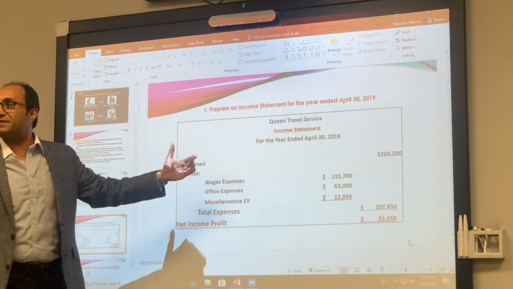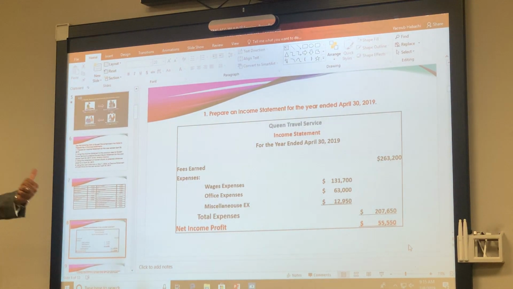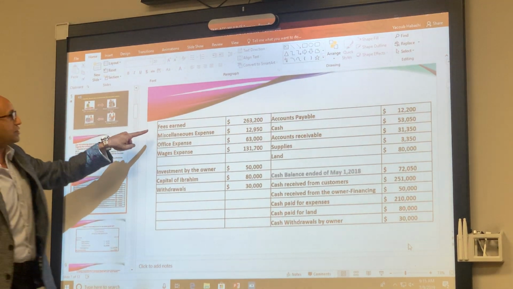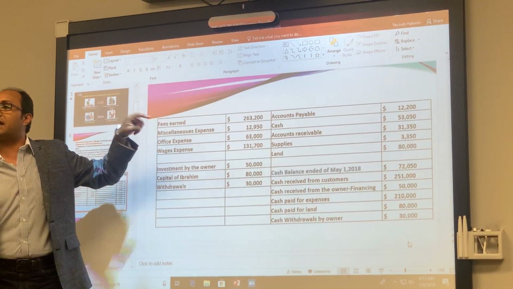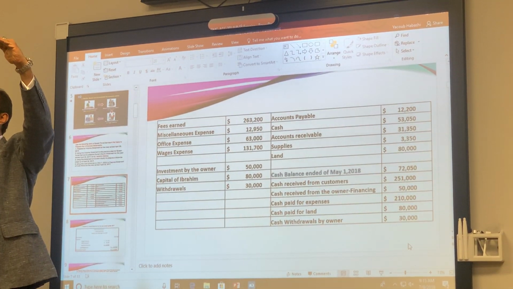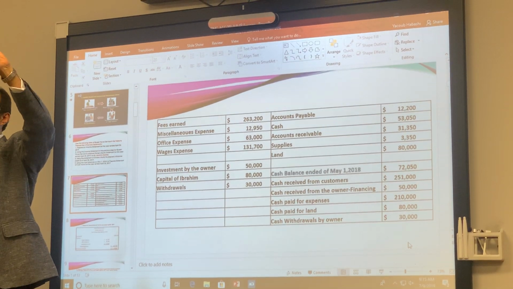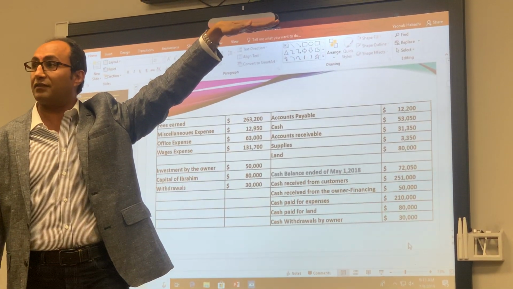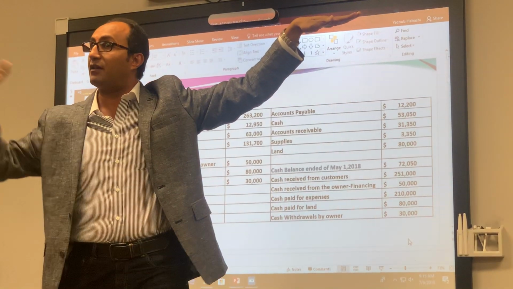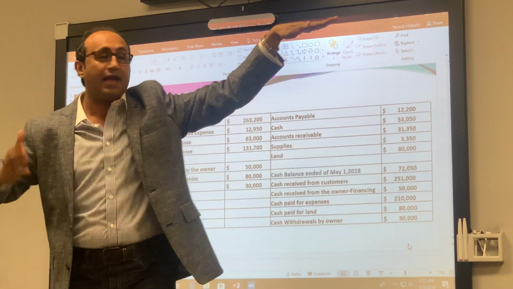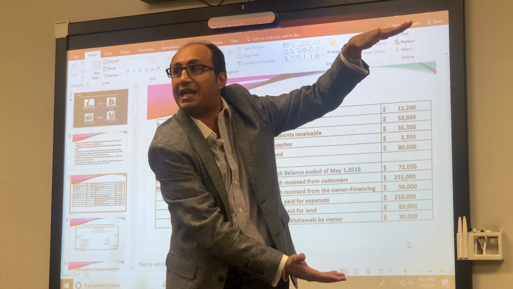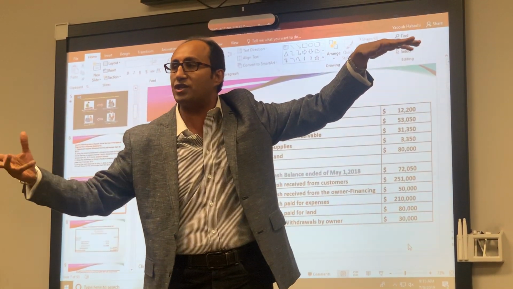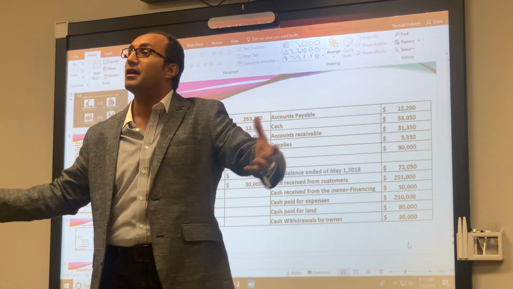For the income statement, as I told you, we will use fees earned. The income statement consists of what? Two sections. First section, revenue or fee earned. This is money coming in from the customer. Subtract any expenses, wages, salaries, utilities.